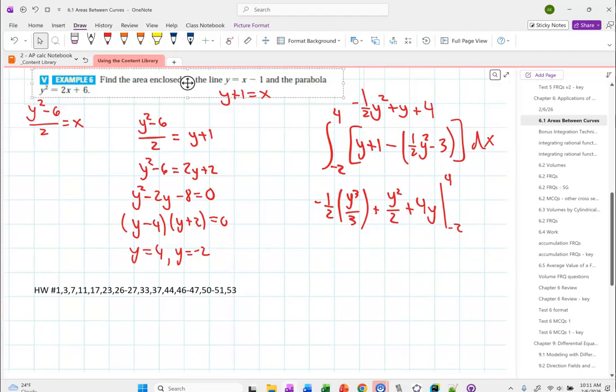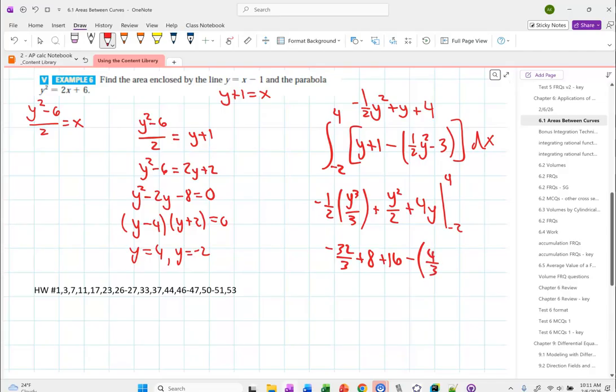Divided by 2 is 32, so I have -32 over 3. 4 squared is 16 over 2 is 8. And then 4 times 4 is 16. And then I have -2 plugged in, so -2 cubed is -8, and then times -1/2 is +4.